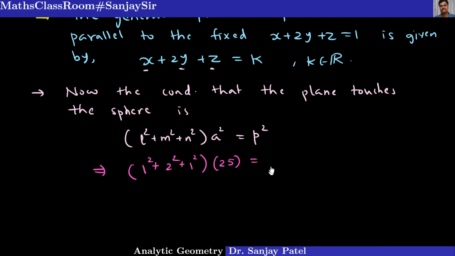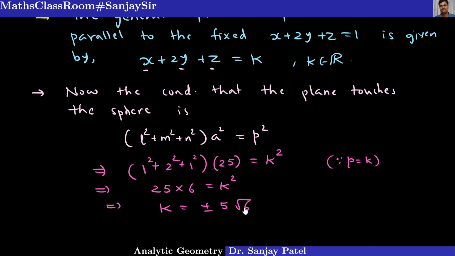Here p is equal to k. So if you simplify, putting p equal to k, we get k square. So we will get 25 into 4 plus 2, 6. 25 into 6 is equal to k square. Okay. So k is equal to plus or minus 5 root 6.